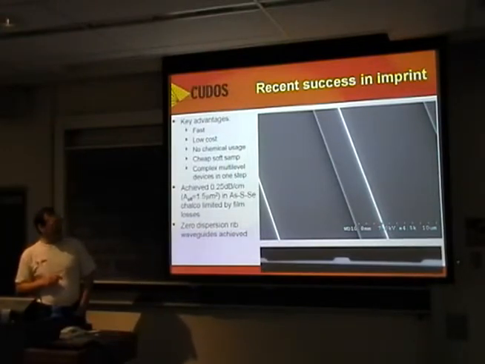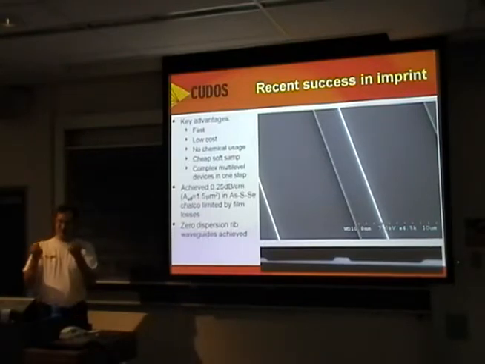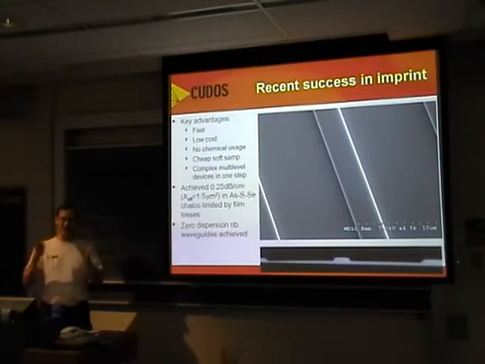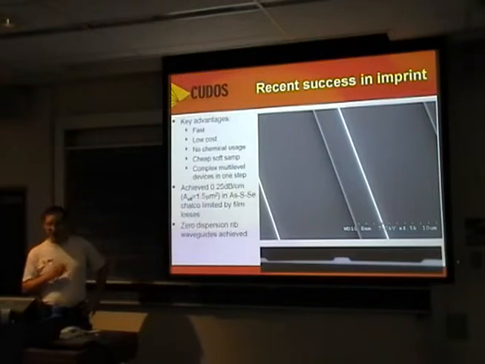The implementation that we've developed, we actually use a soft polydimethyl siloxane stamp. So that's a piece of rubber. It costs very little to make that stamp. It's moulded off a master that can be reused thousands of times. So if we destroy it by accident, it's no big worry. Whereas a lot of the hard stamp techniques, those stamps cost a lot of money to make. And one very nice feature about it is that you can make complex multi-dimensional devices in a single imprint step.